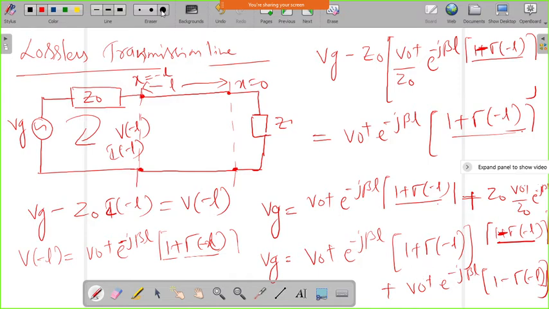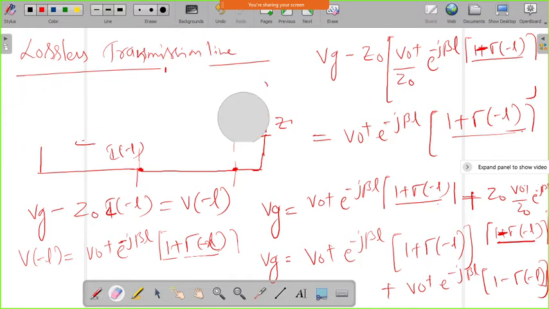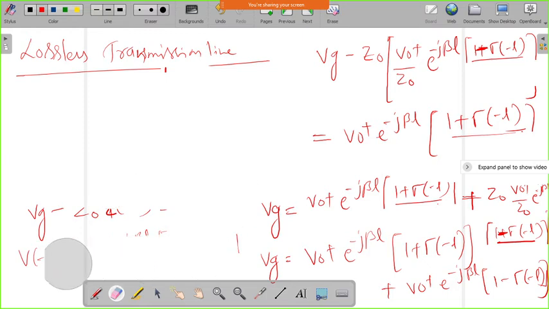Okay, so we can rewrite this to find out the Vg value, or V0 plus in terms of Vg. This constant term we can find from this expression. We can take V0 plus e power j beta L as the common term.